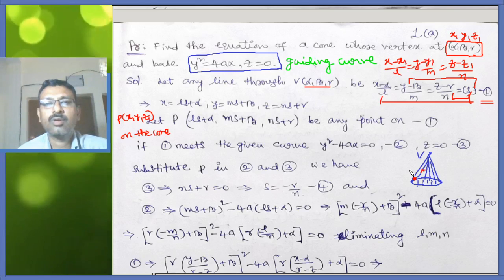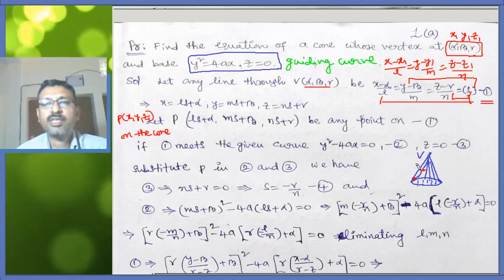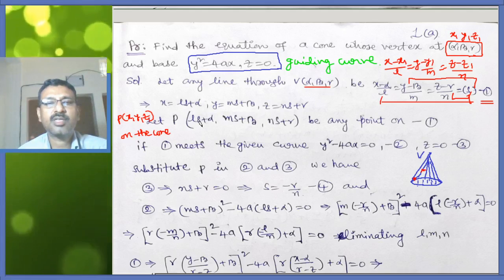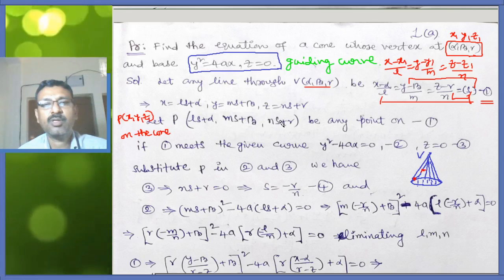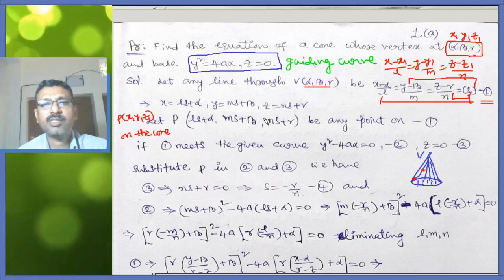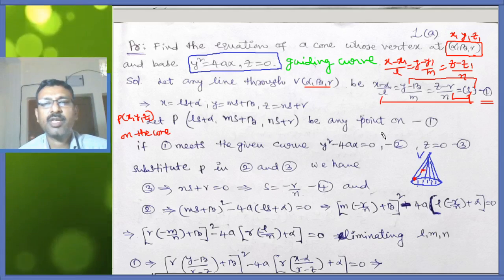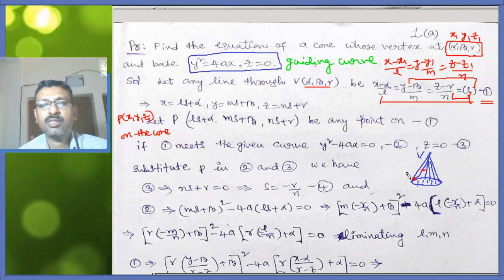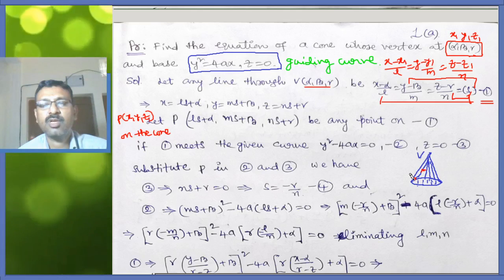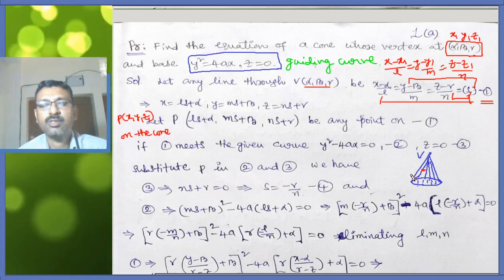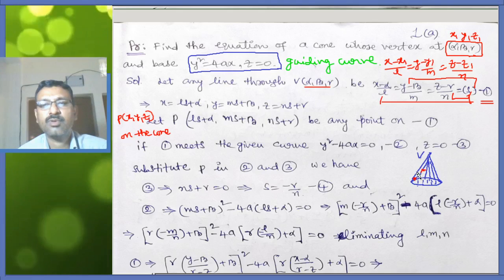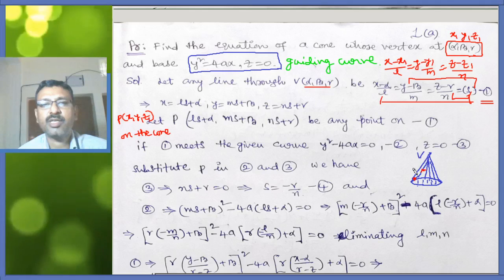So any point on this generator is P(x, y, z), that is nothing but P of (ls plus alpha, ms plus beta, ns plus gamma). This point is any point on the generator. That point may be common to the generator also, or it may be the intersecting point, that is, the common point of the base curve and generator.